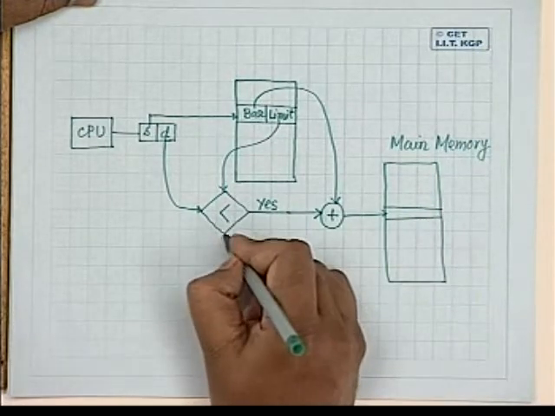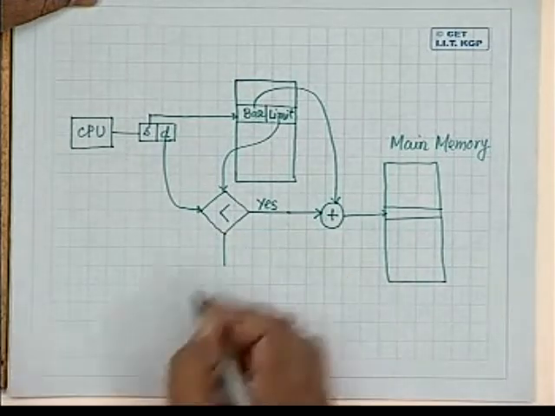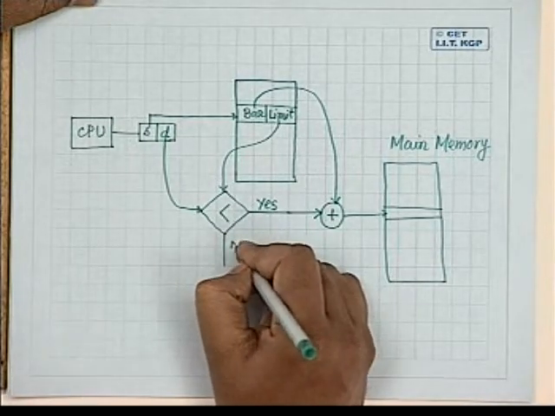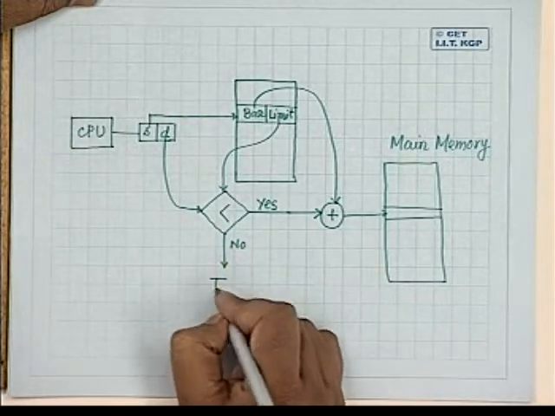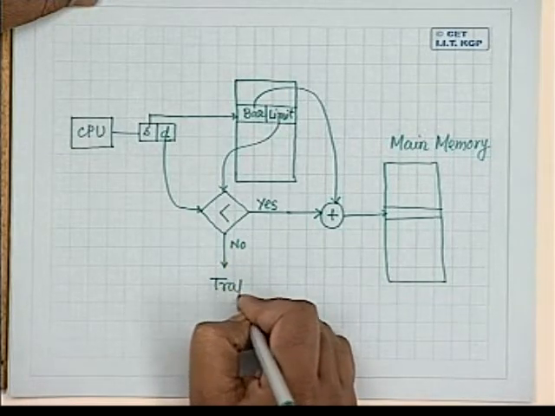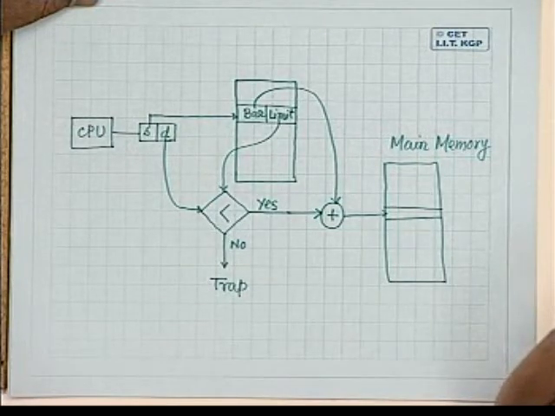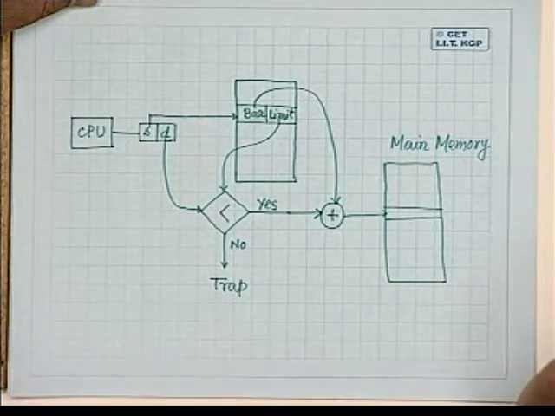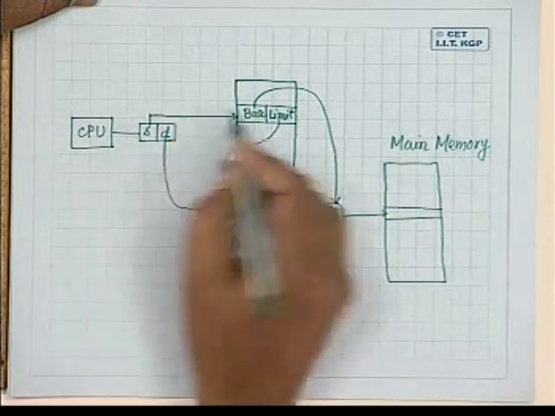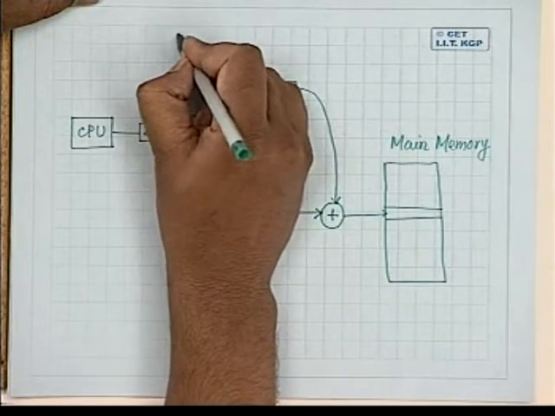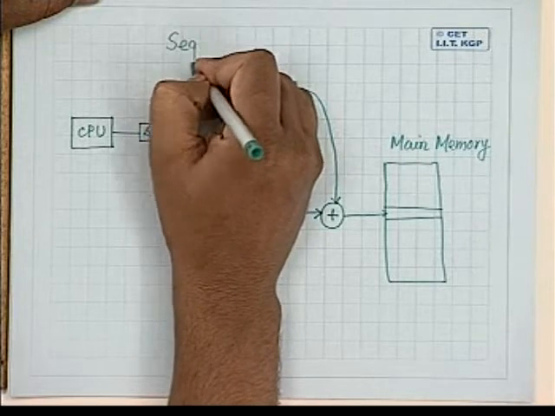And obviously, if D is not less than limit, then there has to be an interrupt, following which the program is to be terminated. Okay. So this is the overall scheme of segmented memory management.